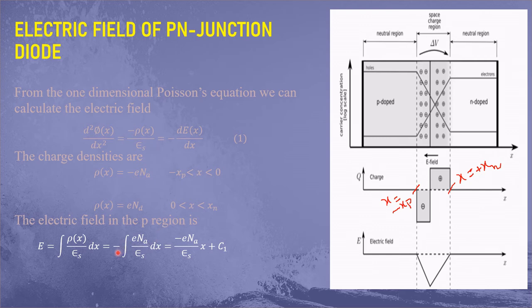So in the place of rho x, here we write minus ENA. So we write the integral of minus ENA divided by epsilon s dx, that is equal to minus ENA by epsilon s times x plus C1, where C1 is the integration constant. So this is the electric field in the P region.